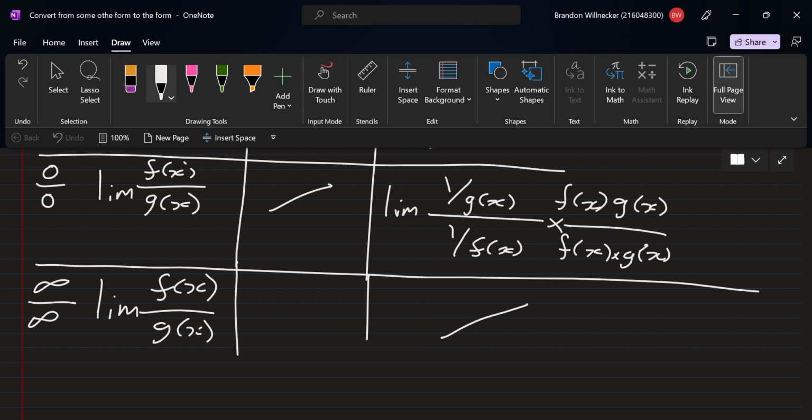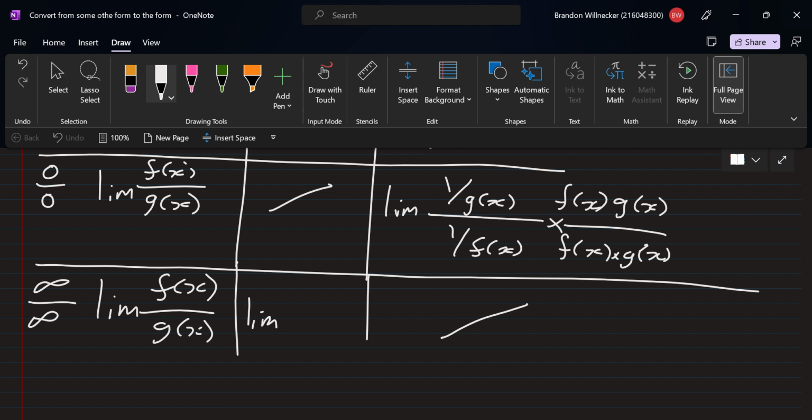If we have 1 over x and x goes to infinity, then 1 over x goes to 0. So we want this top part to go to 0 when f goes to infinity. We want the bottom part to go to 0 when g goes to infinity. Okay, so how do we do that? Very similar to what we had before.